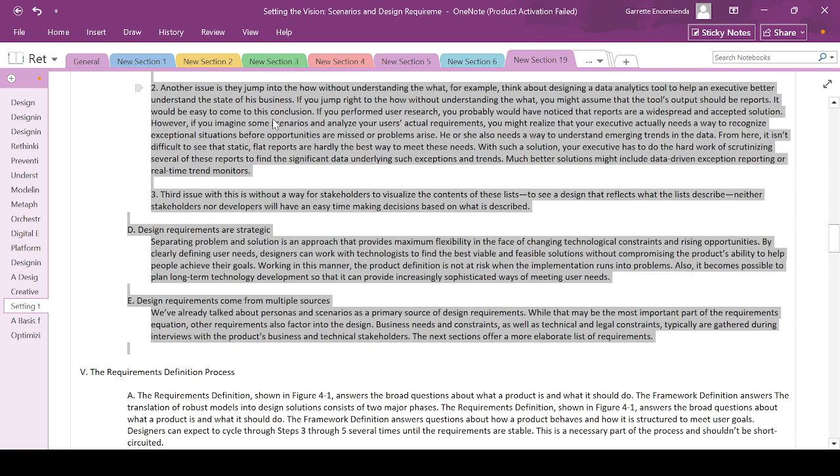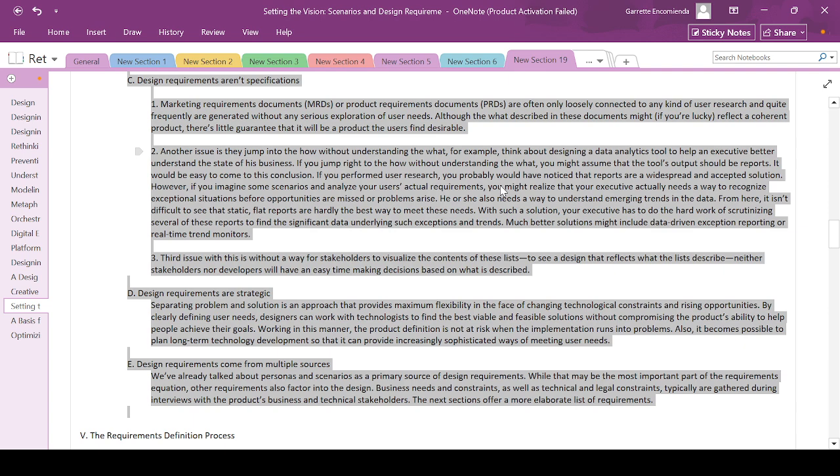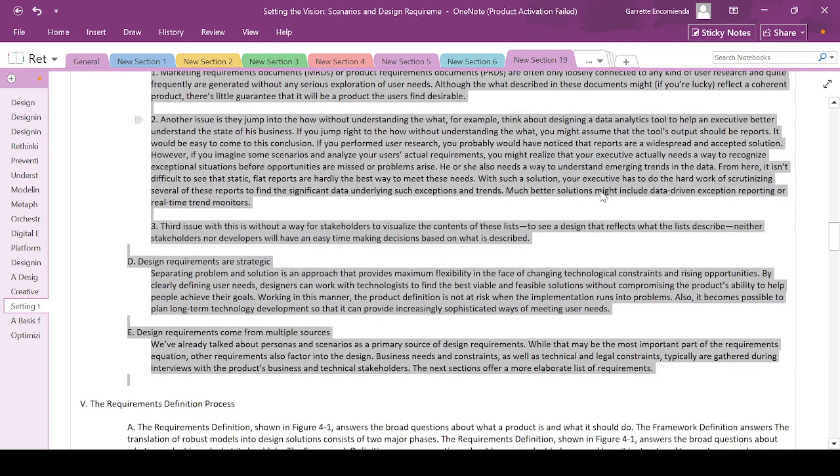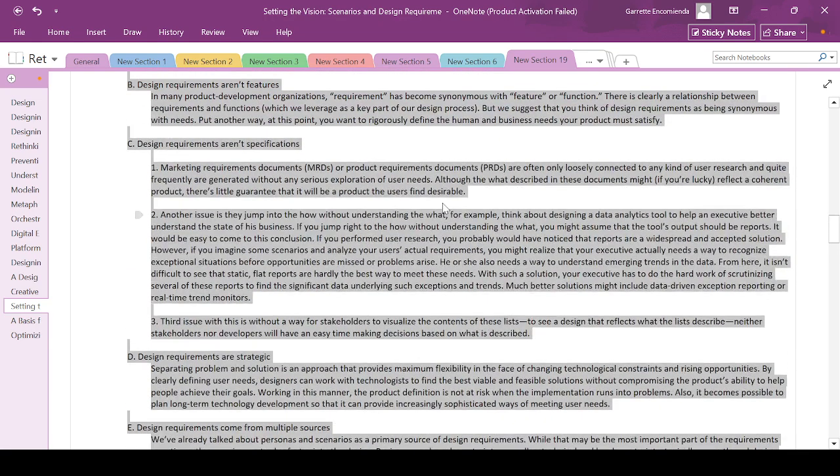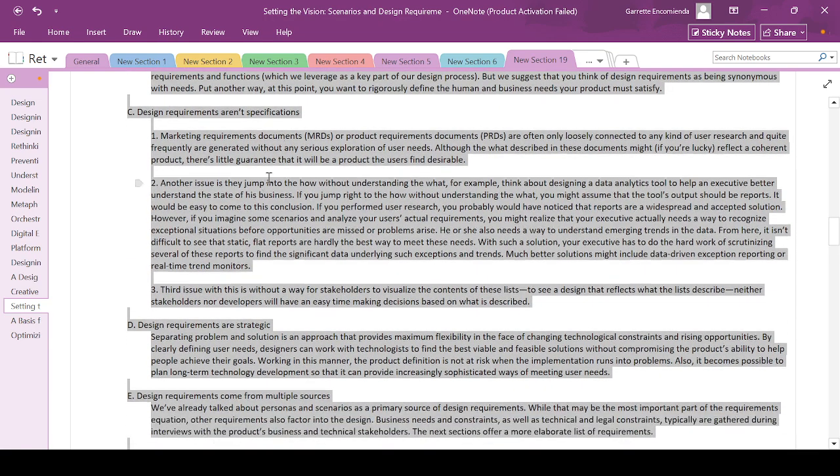Another issue is they jump into the how without understanding the what. Another thing with this specification is that they jump into the how, or the specs. If it's hardware, you think of specs, right?